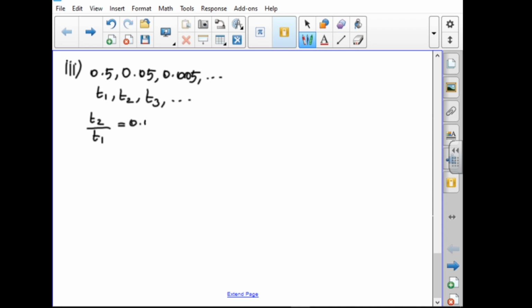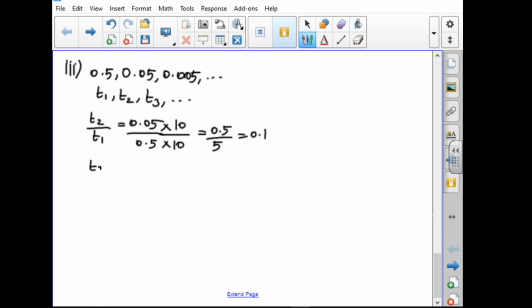That is 0.05 divided by 0.5. In the denominator, the number of decimal places is 1, so you multiply by 10. In the numerator also you multiply by 10. The answer will be 0.5 divided by 5. If we cancel, the answer will be 0.1.